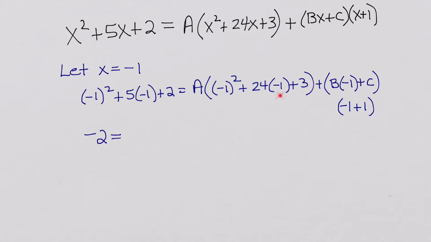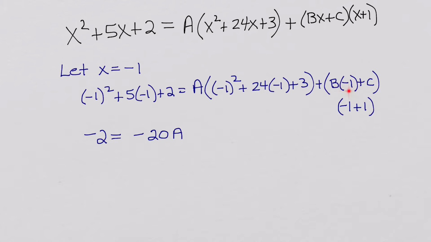So that's 1 minus 24 is negative 23. And then plus the 3 gives me a negative 20 times a. So now we have negative 20a. All right, so we have negative 2 equals negative 20a, and I still have to finish this off.